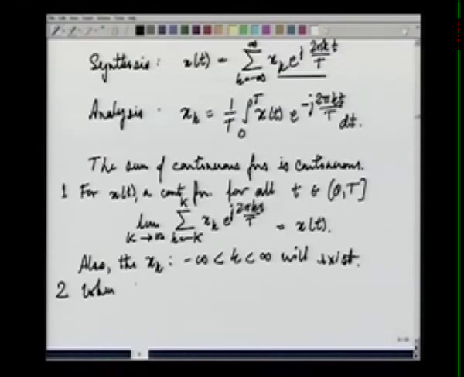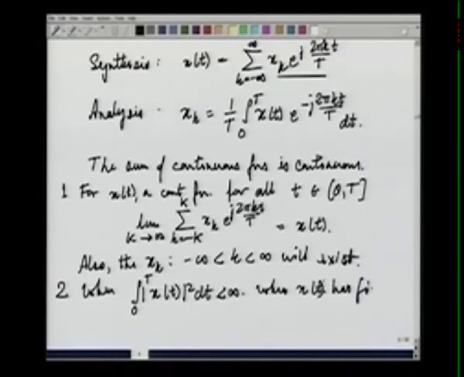When the integral 0 to T of the magnitude squared of x(t) is finite, that is when x(t) has finite power, then we can say the following.